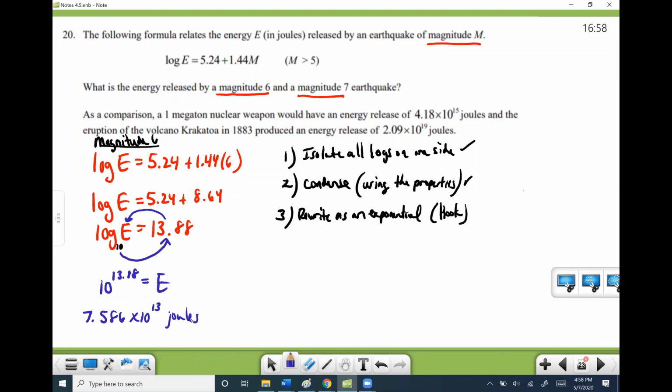It says 1 megaton nuclear weapon would have an energy release of 4.18 times 10 to the 15th. And the eruption of the volcano in Krakatoa in 1883 was 2.09 times 10 to the 19th. Holy cow. Okay, so we're definitely less than both of those on this.